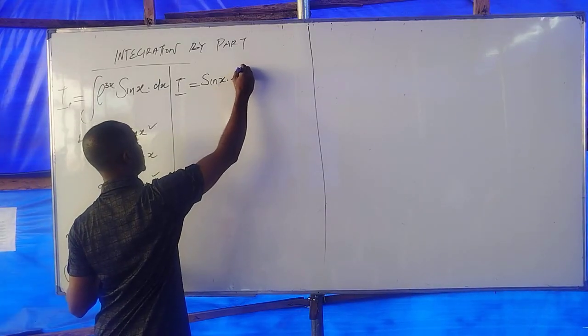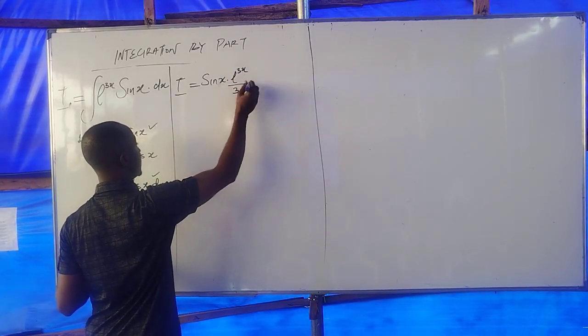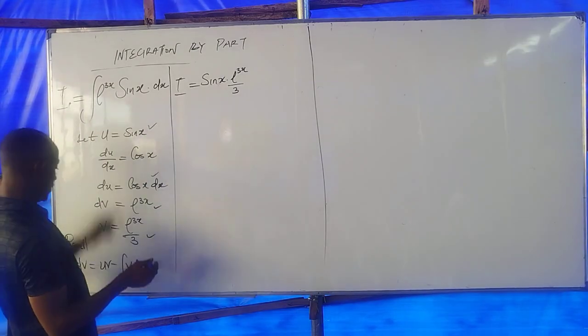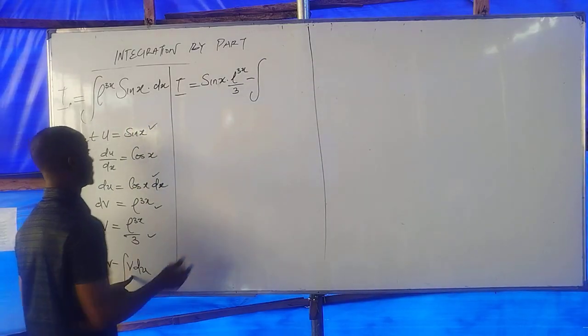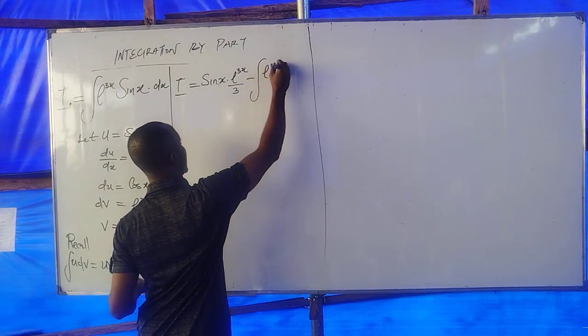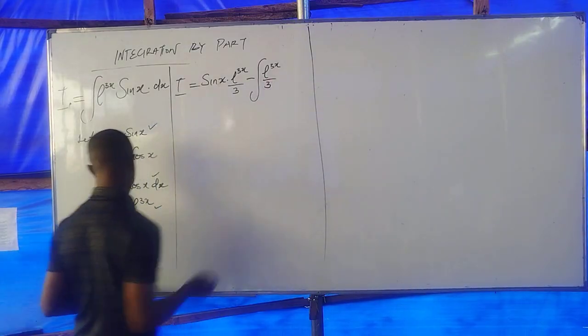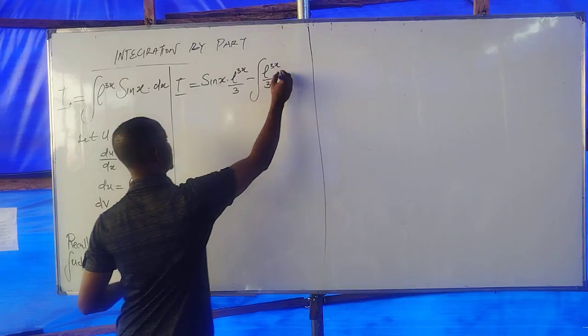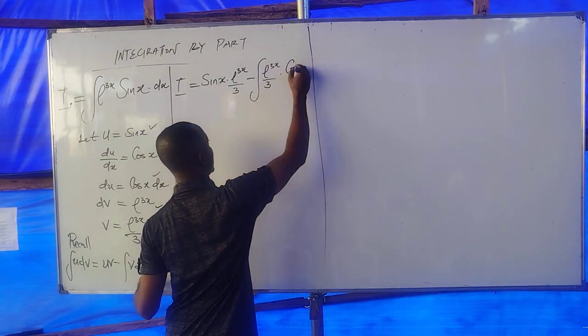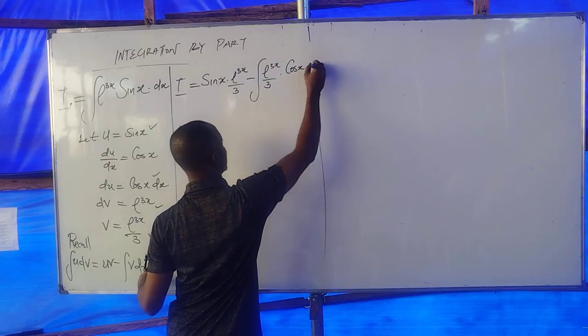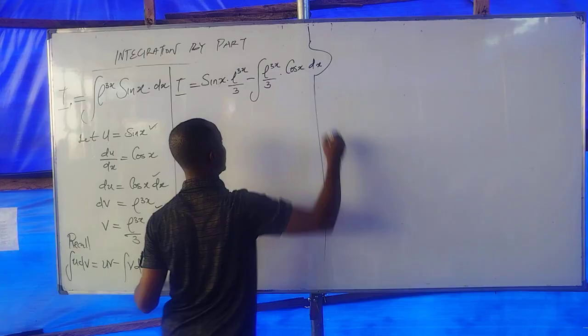Exponential 3x over 3. The rule says minus, right? Integral of v, which is exponential 3x over 3, dot, what's our du? Cos x dx. Are you following?